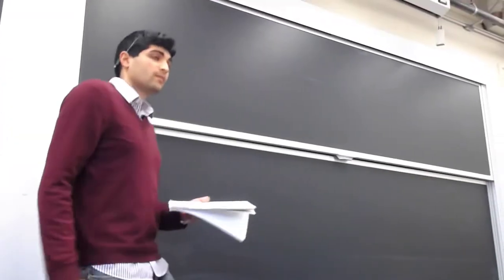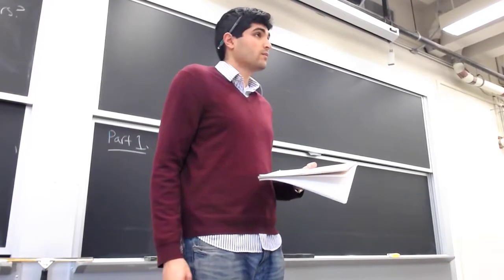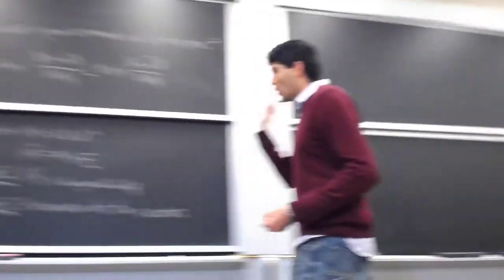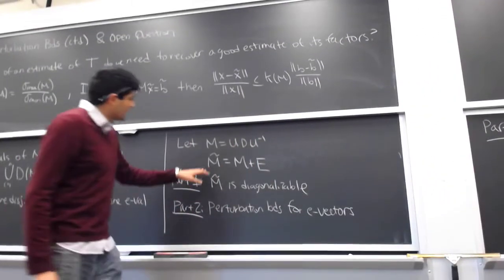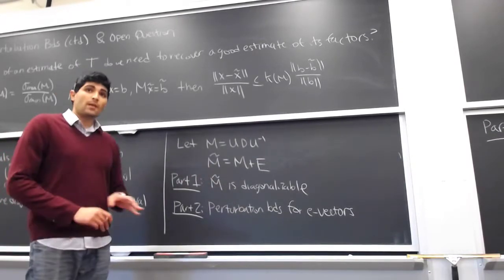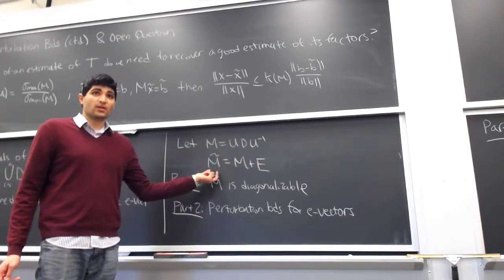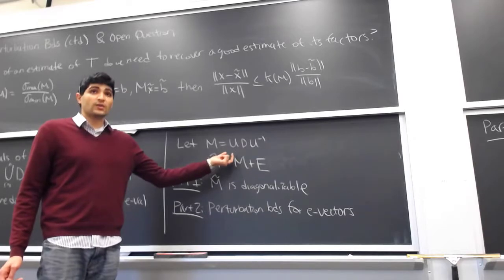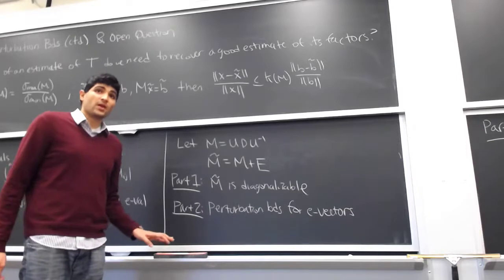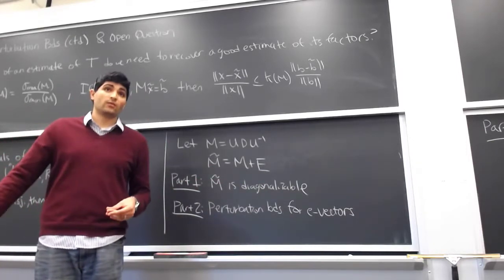So what is the property that we actually want to show exactly? What we want is that if we take an eigendecomposition of M tilde, we want some reasonable conditions under which the eigenvectors U tilde are close to the true eigenvectors U. But the way to think about this is that you have the freedom to drive E down.